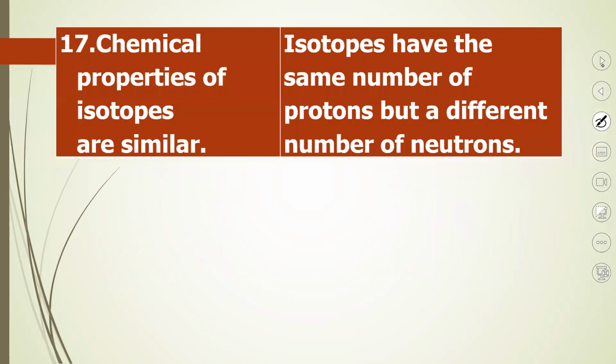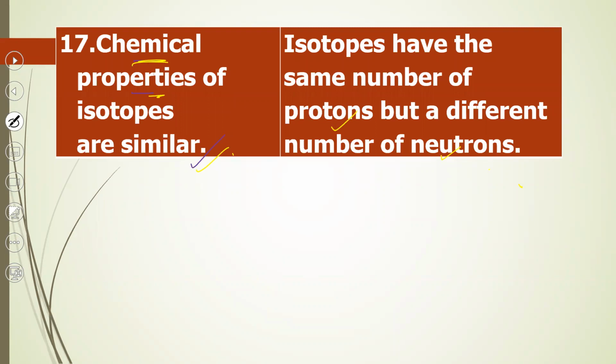Now, the statement questions are there. Chemical properties of isotopes are similar. Yes, the electron configuration is the same. That is correct. Chemical properties depend on electron configuration, and these are the same. Yes, correct. Isotopes have the same number of protons but a different number of neutrons, right?